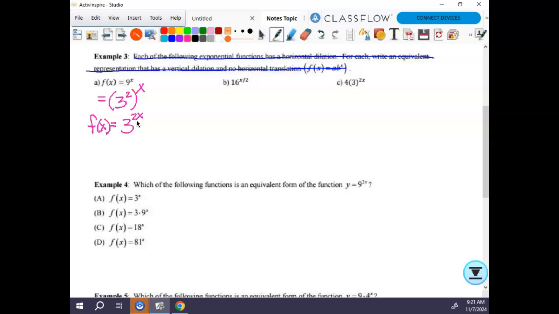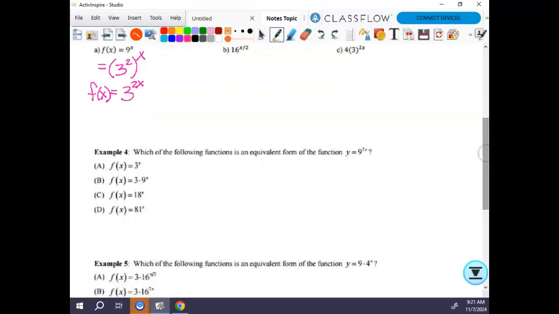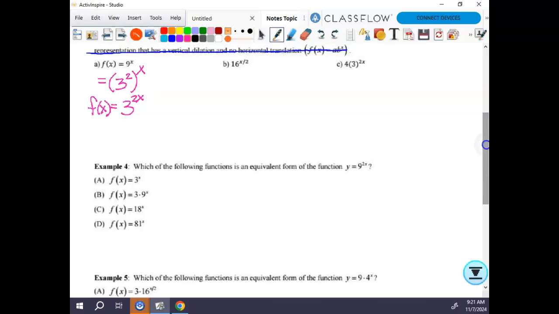Okay, so then I have b, and even though it's to the x over 2, I would like to rewrite that as 16 to the 1/2 times x power, and we'll make that equal to g of x, because I didn't give it a name.